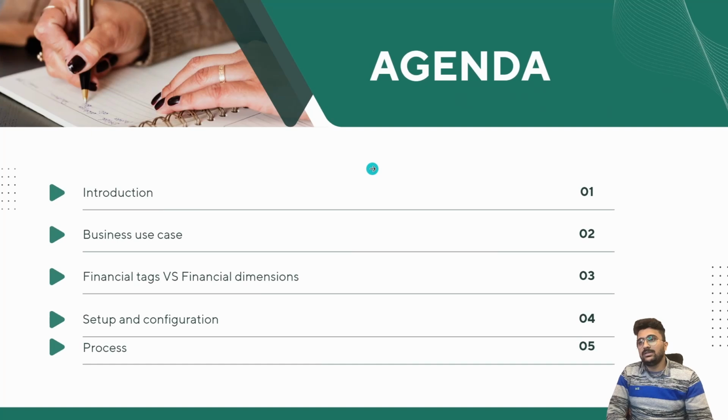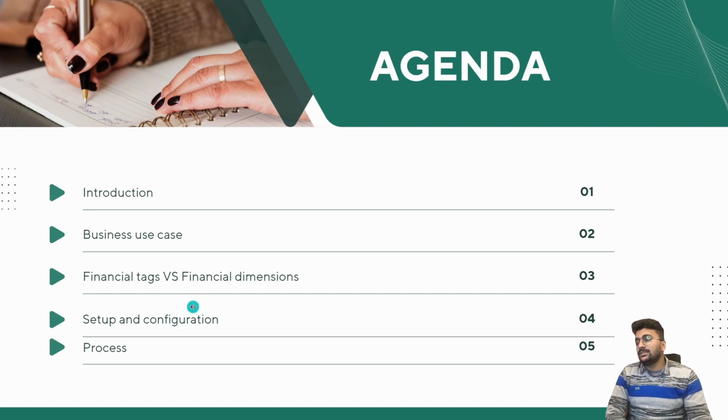So we will be covering multiple topics in these videos. First, we will be covering the introduction, then what is the business use case for this financial tag, and what is the key difference between financial dimension and financial tags in D365.